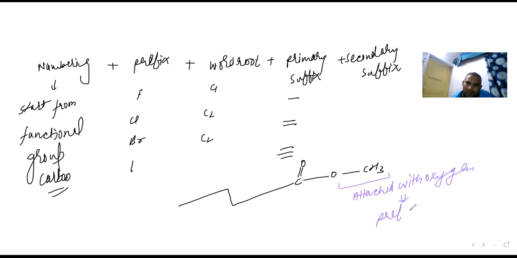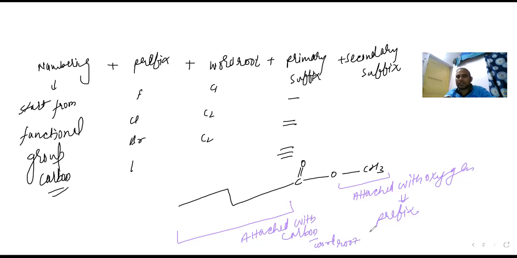And this is attached with carbon, so this is going to be your word root. That we need to keep in mind. Are you able to understand up to here?